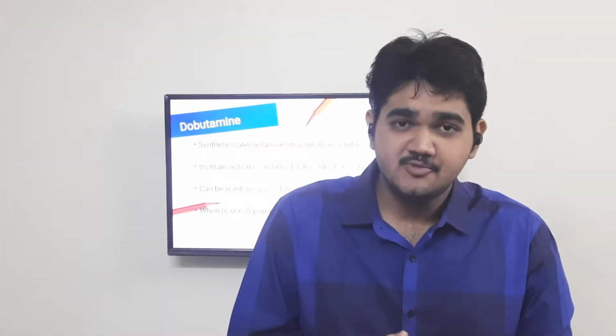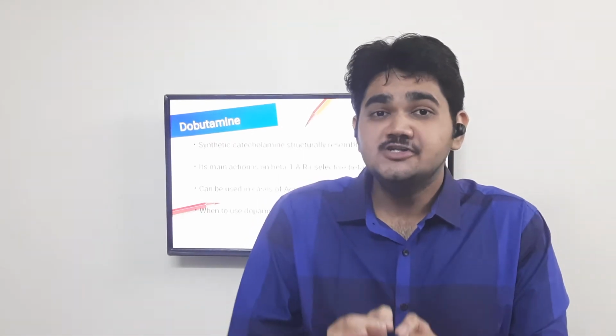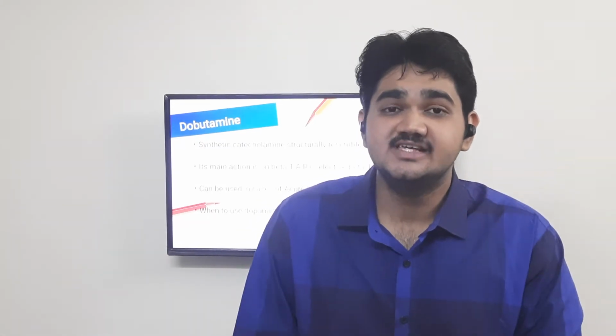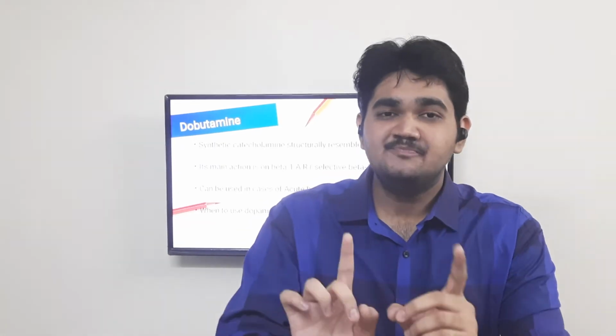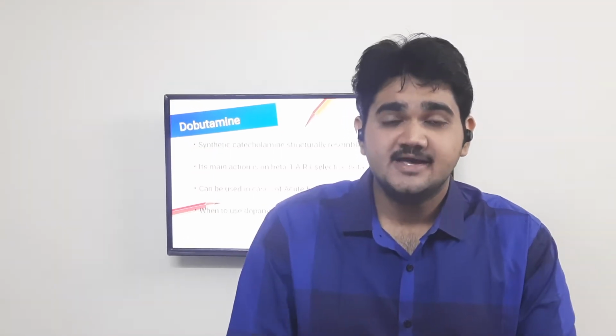Now अगर आपको हार्ट को भी स्टिम्युलेट करना है, and you also need to improve the blood going to the kidney, in that particular case you will use dopamine. Why?